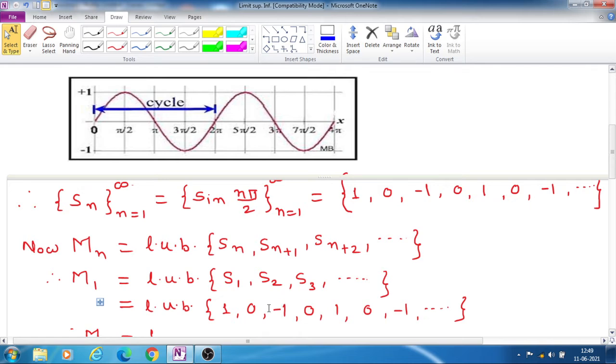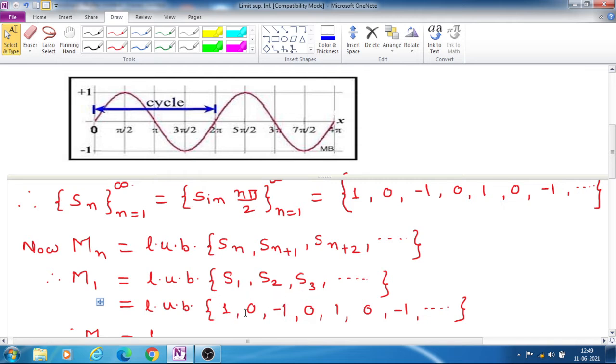That means we have to find the least upper bound. For M1, the least upper bound of S1, S2, S3, that means all the terms starting from the first term, and we have to find the LUB of that set.